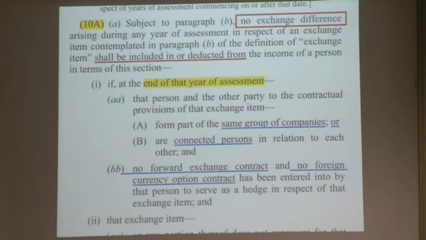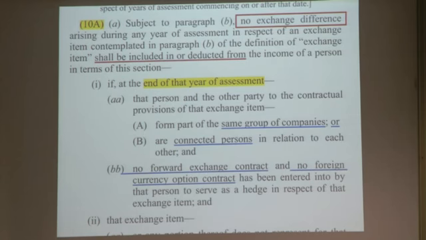Right. Now the last tricky rule for 24I is this 10 capital A, before we then do debt reduction as a separate mind map. 10 capital A says, subject to paragraph B, so there's provisos coming up, no exchange difference arising during any year of assessment in respect of an exchange item contemplated in B. Can you remember what was the exchange item B?